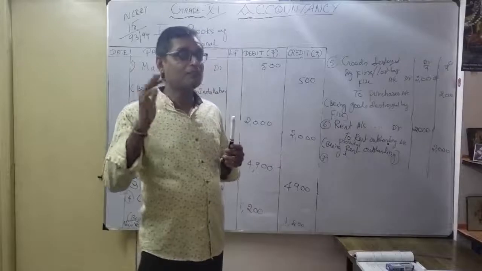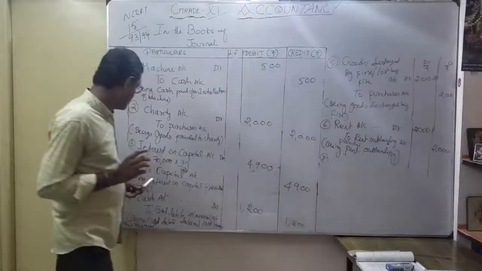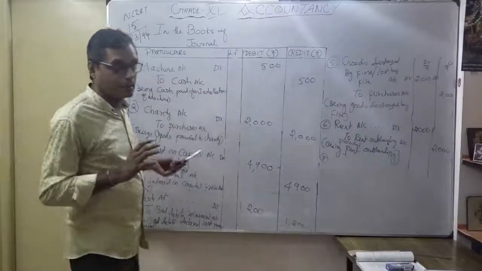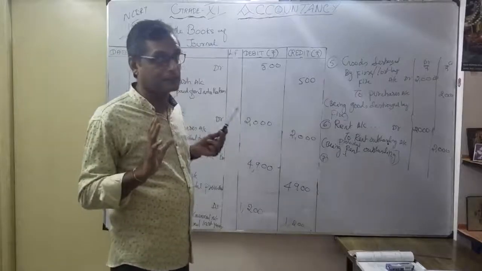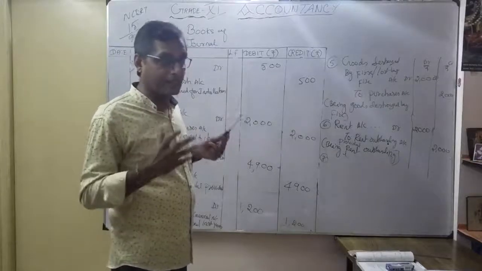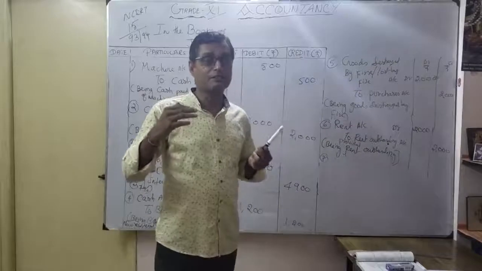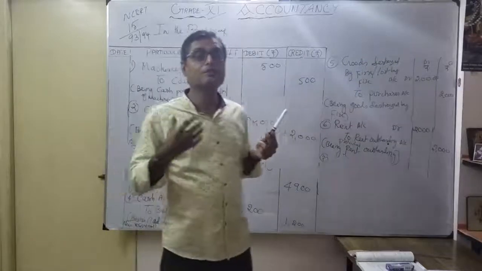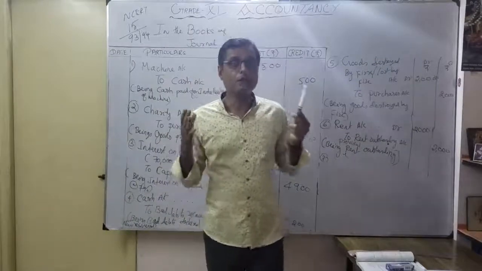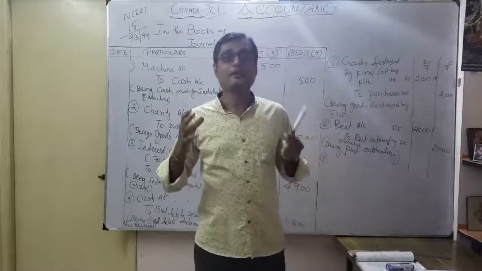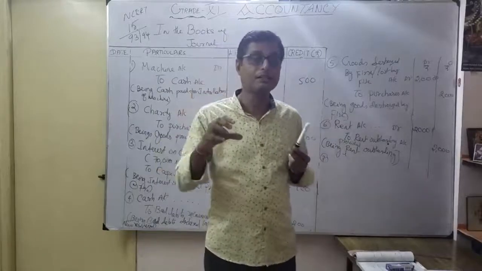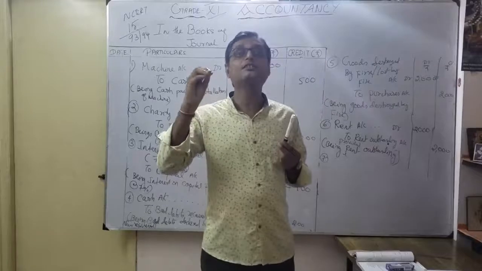So for the company, it is income. Here, interest on capital, from the company's point of view, is an expense. But on drawings, again, the company has to charge interest. But what will happen if you keep on withdrawing money for personal use? Then how will the business run? That's why the company will restrict your drawings, and that's why they will charge interest.